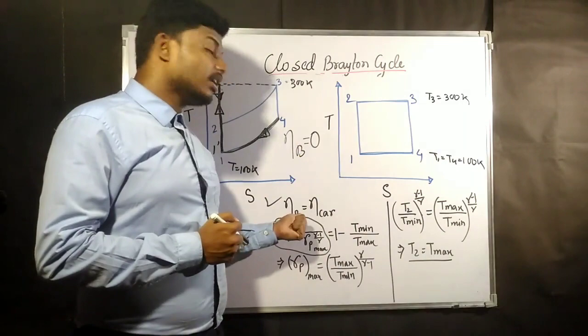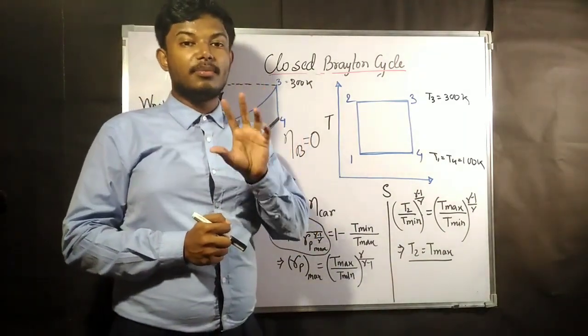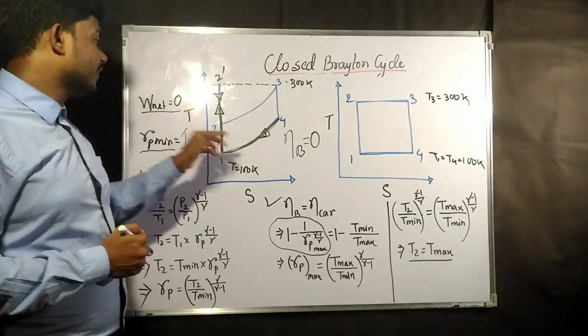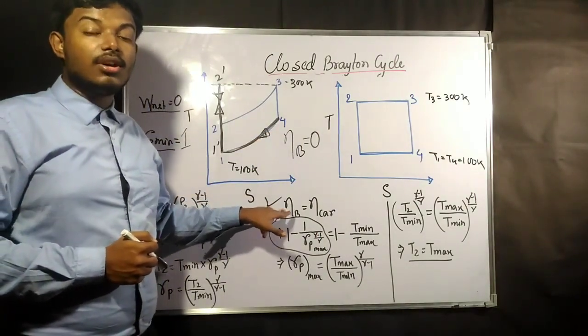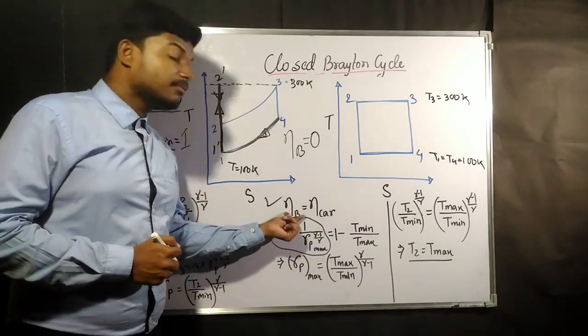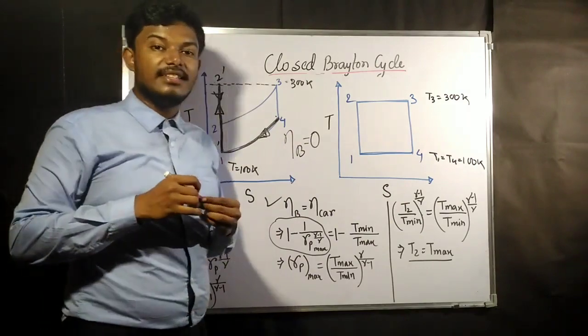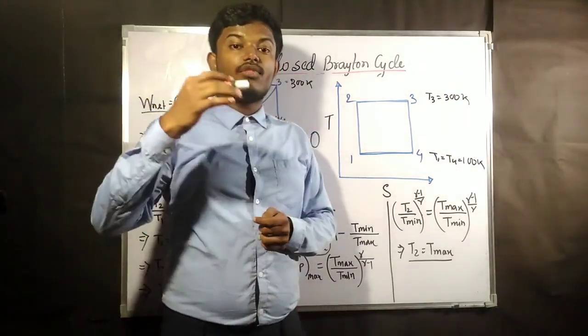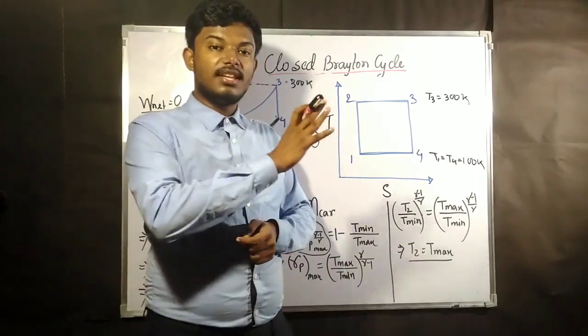If you go for the optimum efficiency, the only thing you get is disappointment, because for the maximum Brayton efficiency conditions, in both cases W net is 0. So for optimum conditions we do not consider the Brayton cycle efficiency anywhere.